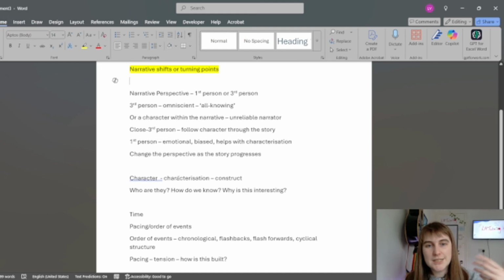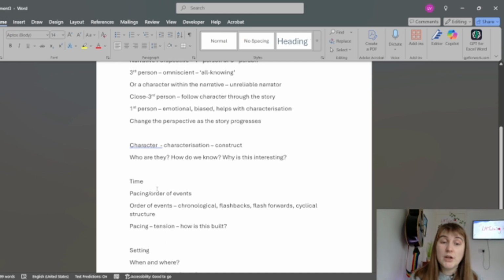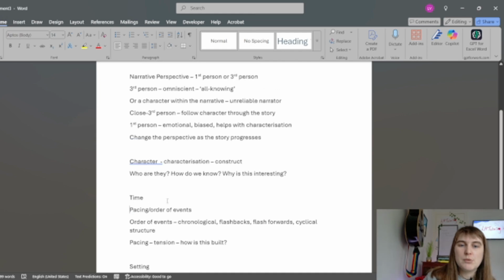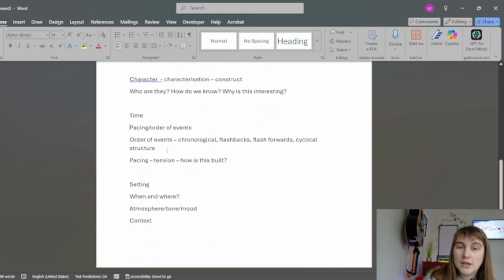Here, instead of that, when we're talking about structure, we might say that the writer uses time through quick pacing in order to create this. So these kind of sit in place of our techniques or our methods. If you sort of imagine the structure we might be doing for language analysis, it's almost exactly the same. We just use different words and terminology to talk about the techniques for structure.